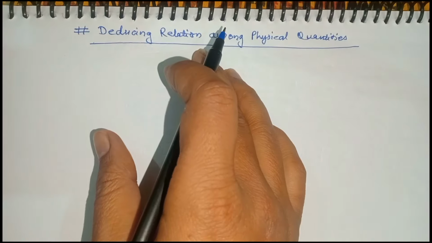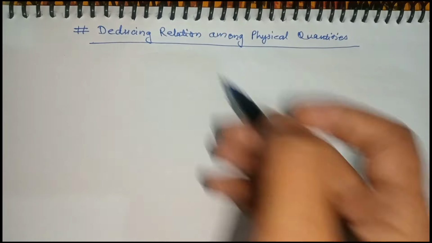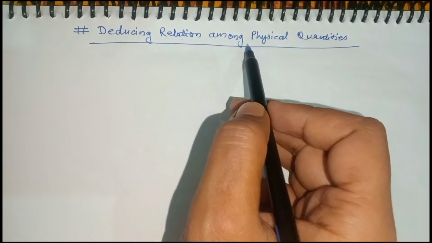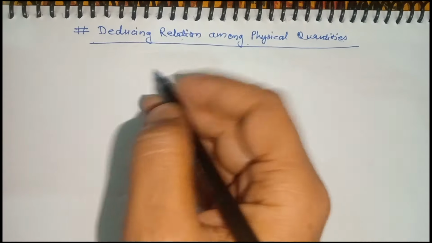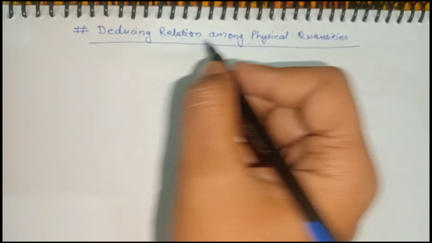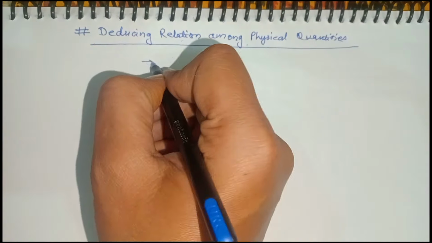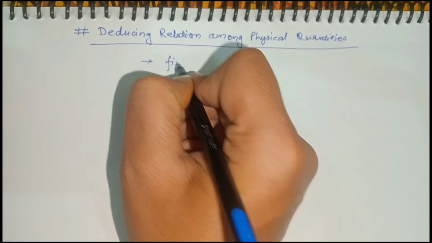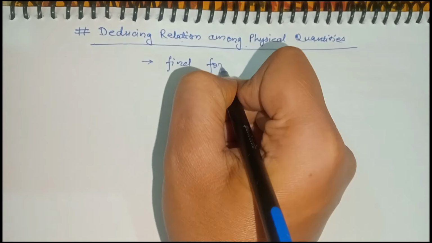Now the third application of dimensional analysis is deducing relations among physical quantities. What does this term explain? You can also understand it as finding a formula expression.